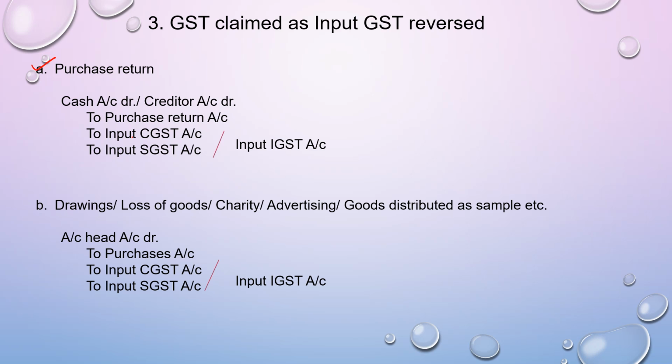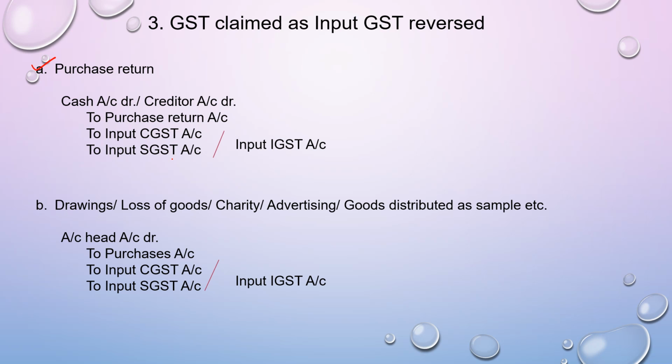So normal entry when there is a purchase return, it would be cash or creditor account debit to purchase return, but input CGST and SGST associated with the purchase which is debited, to the extent it relates to your purchase return, you would have to reverse. So if it was intrastate, you had input CGST and SGST which was debited. So in relation to the value of the purchase return, you would find out the respective GSTs and you would credit input SGST and input CGST account.